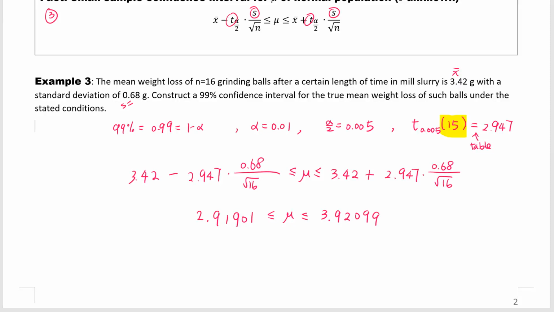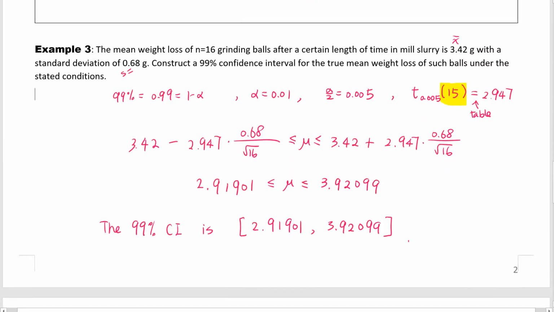Okay, so that is our confidence interval. So the 99% confidence interval is 2.91901, 3.92099. So far, so good, everybody? Yes, so this is our confidence interval. Do you have the same answer?